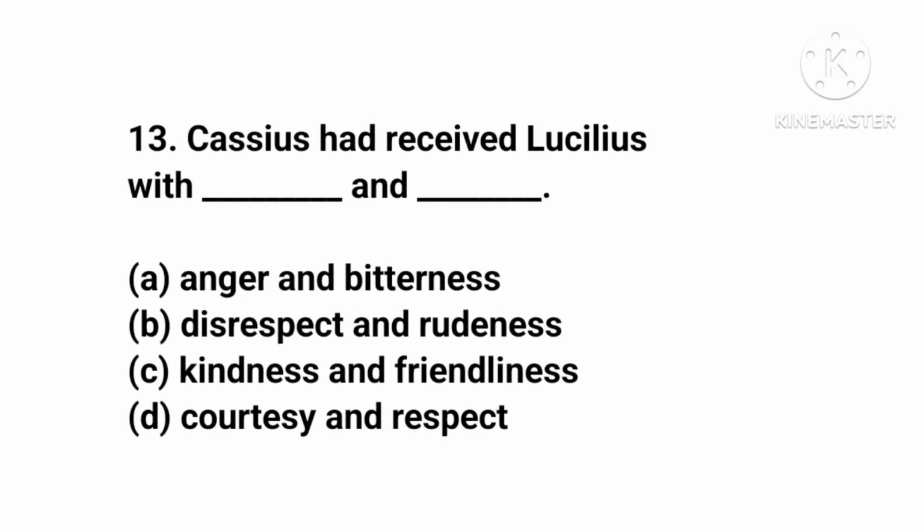Number 13. Cassius had received Lucilius with dash and dash. Option A, anger and bitterness. Option B, disrespect and rudeness. Option C, kindness and friendliness.